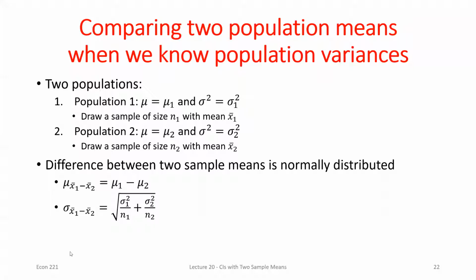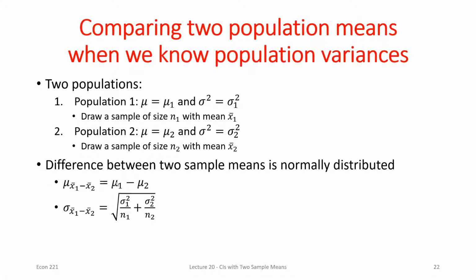So we know now that the difference in these two groups' sample means will be the true population mean difference, and then the variance for each group's sample mean added together, and then for the standard deviation, take the square root, okay? Well, this is nice because now we have a distribution that we know is normally distributed.